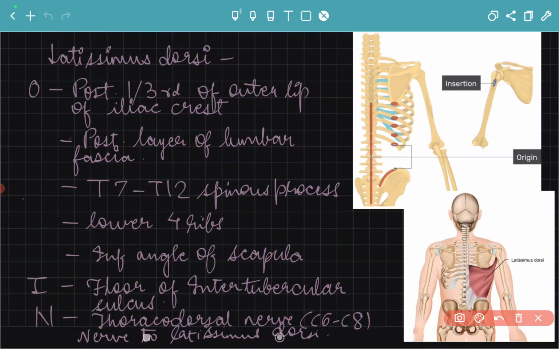To remember the origin, just start from below and reach upwards, and this way the muscle fibers will insert to the intertubercular sulcus of humerus. So from down to up, you can start from iliac crest, then T7 to T12 spinous process, lower 4 ribs, and then inferior angle of scapula.